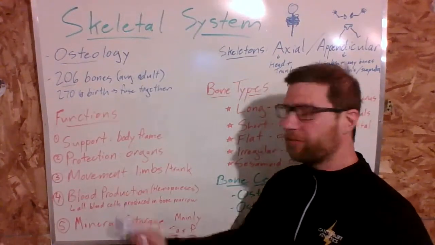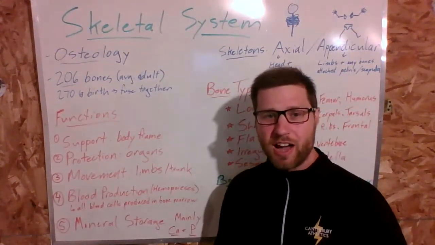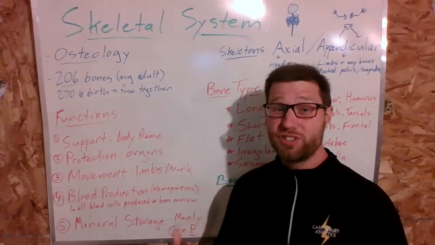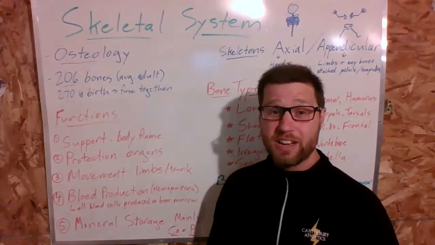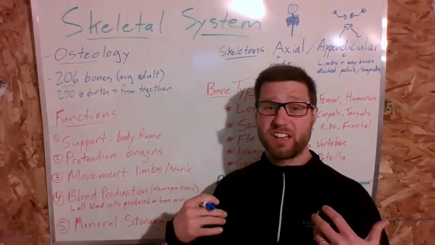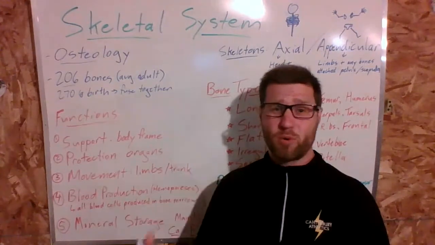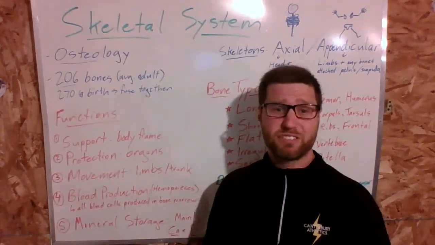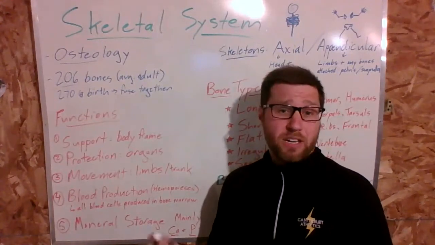Number 4 function is blood production. I think it's really fascinating that your bones actually produce all the blood in your body. You reproduce your red blood cells, all of them, about every 4 months, and your white blood cells about every week. You also replace all your platelets, and that's happening in your bones.